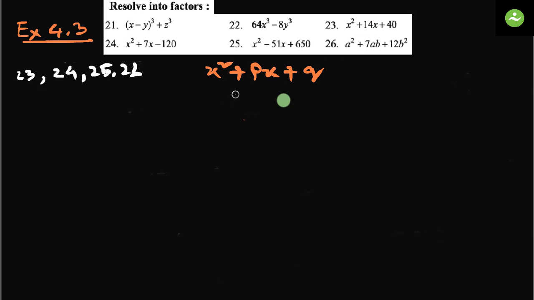We have to follow steps to solve these problems. What are those? Number 1, select two factors a, b, so that q equals a into b.